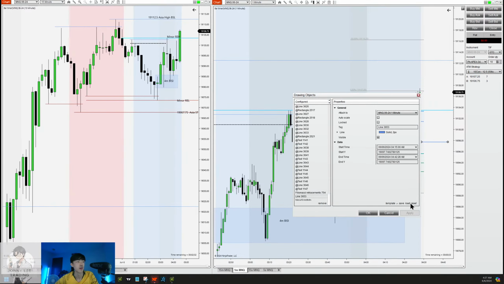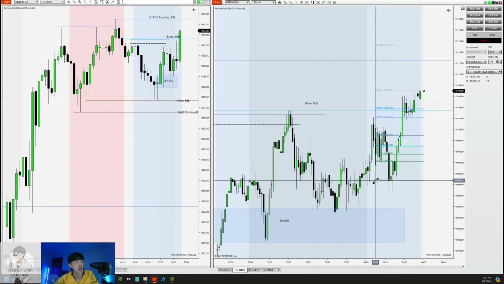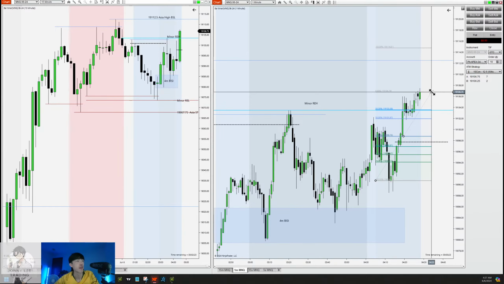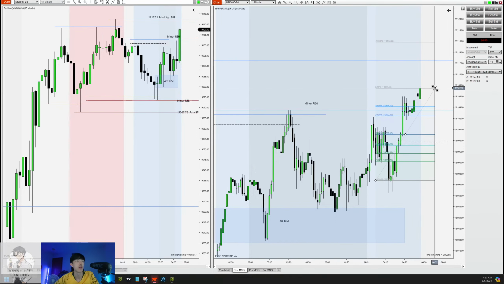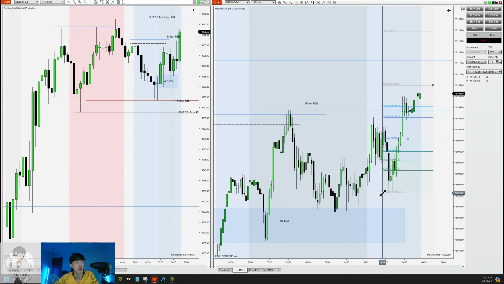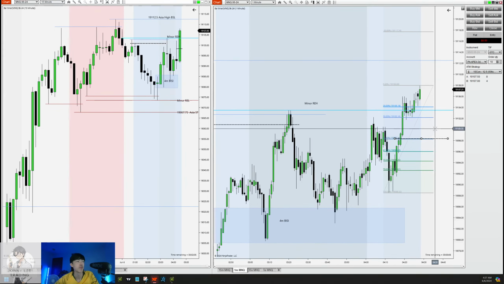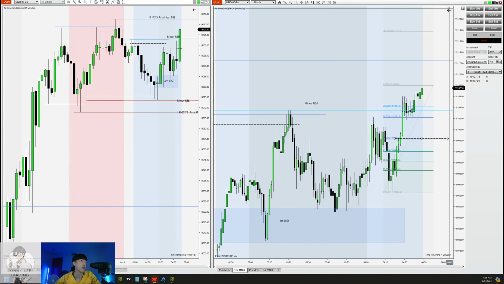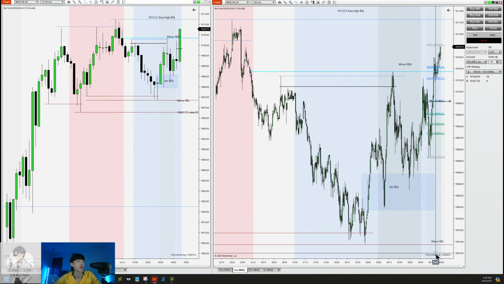So if I were to draw a midpoint line there, if I decide to use the bodies of these candles for optimal trade entry, it still puts me roughly at this area there. So now I'm going to keep this dynamic for the time being so that I can have the appropriate midpoints to watch out for, right? NASDAQ does kind of look like it's wanting to spool and head up there. But we'll see.